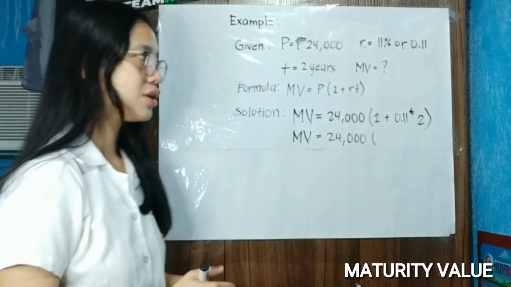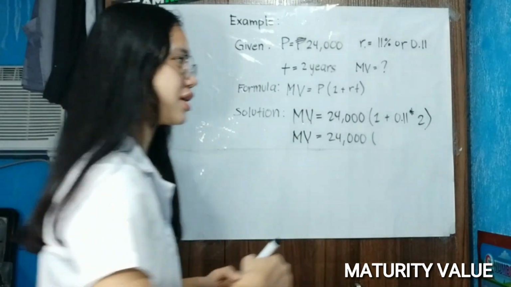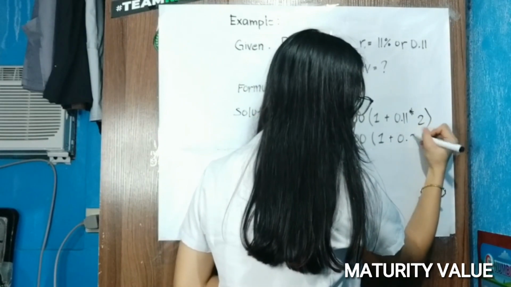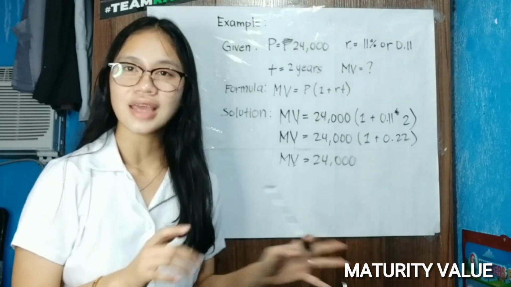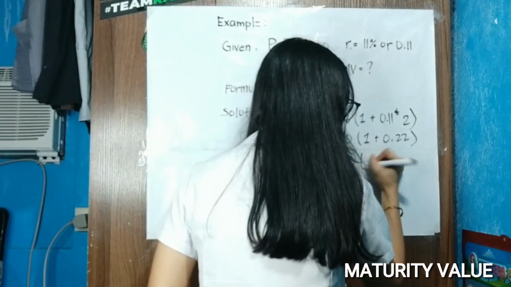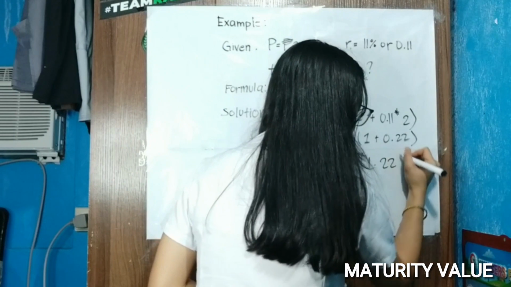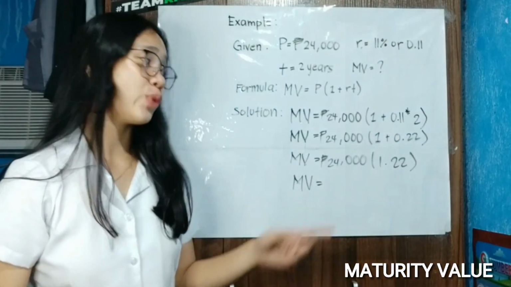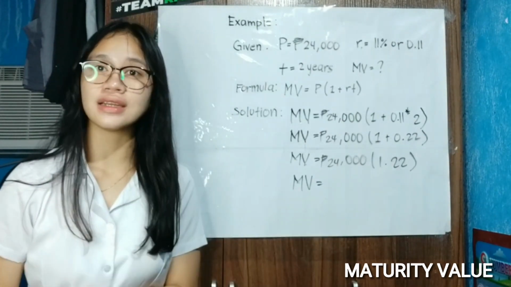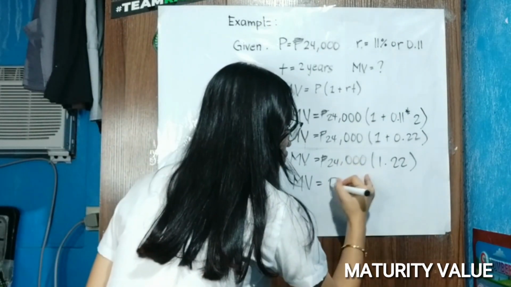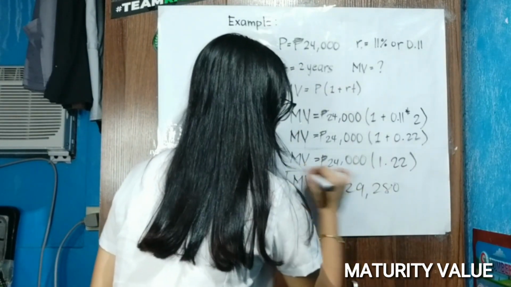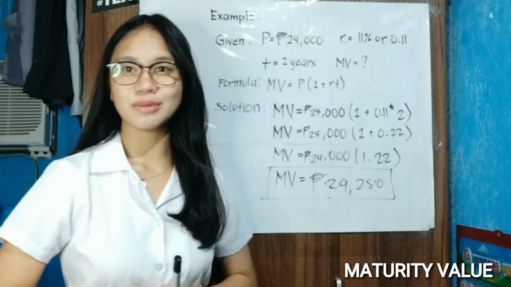Let's now multiply 0.11 by 2 and the answer is 0.22. So 1 plus 0.22, the answer is 1.22. Then find the product of 24,000 and 1.22 and we will have the maturity value or the final value, and that is 29,280 pesos. And that's how you get the maturity value.